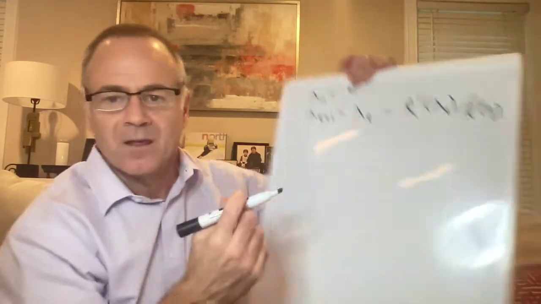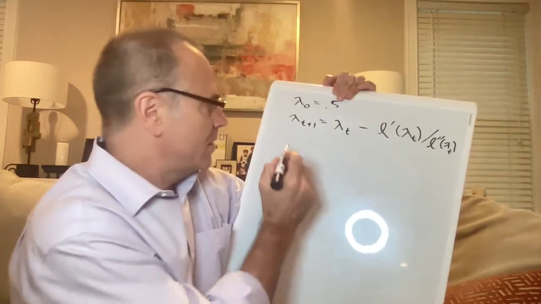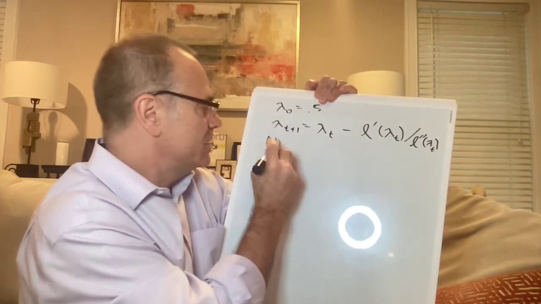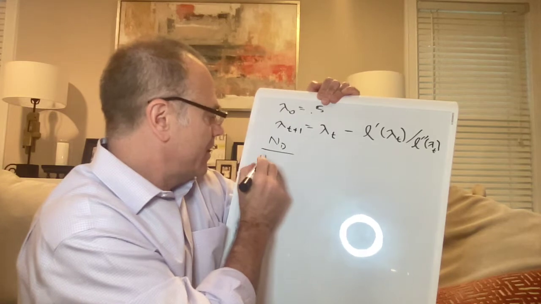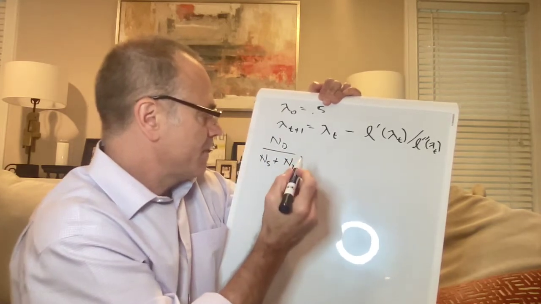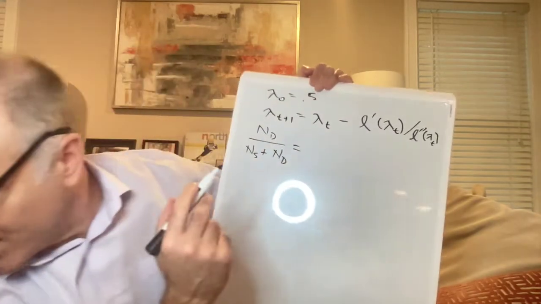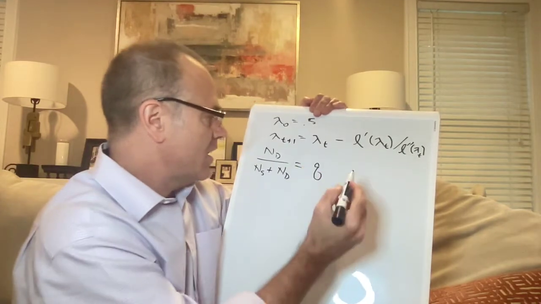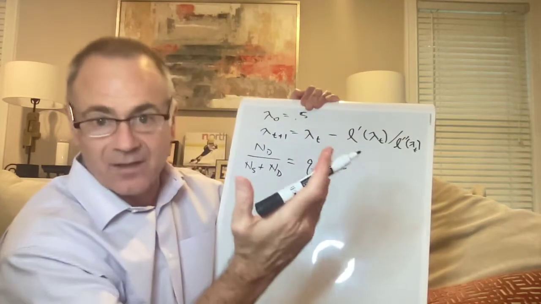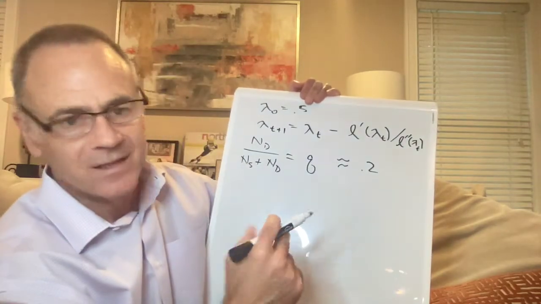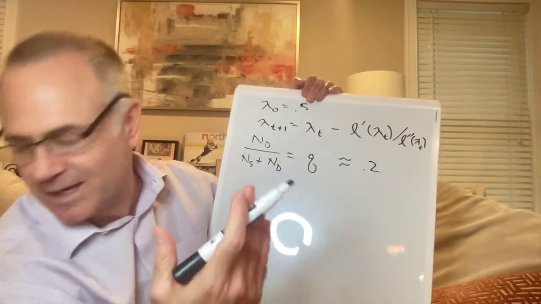The proportion of drivers who were drunk is, in Levitt-Porter's terminology, ND divided by NS plus ND. We're just defining that as Q. And I told you the answer that they find is about 0.2, at least Friday night at midnight.